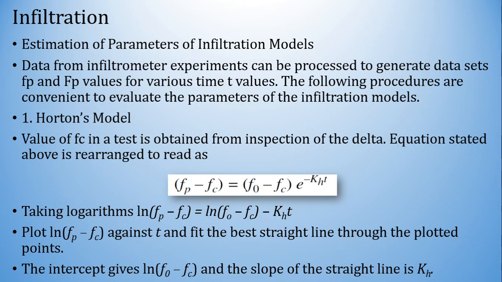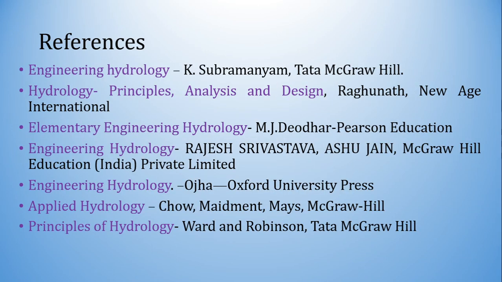Taking logarithm, ln(f_p minus f_c) is equal to ln(f_0 minus f_c) minus k_h t. Plot ln(f_p minus f_c) against t and fit the best straight line through the plotted points. The intercept gives ln(f_0 minus f_c) and the slope of the straight line is k_h. So with the help of this equation, by Horton's equation, you can find out the infiltration capacity.